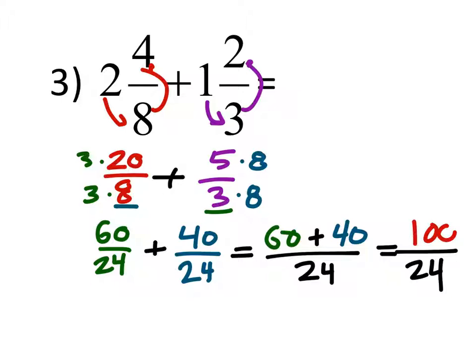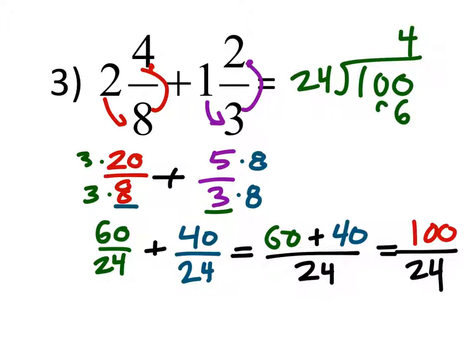So I'll add these. 60 plus 40, which is in 24ths, 100. So we could simplify here, we could simplify later. Let's say that we didn't notice and we changed it into a mixed number right now. That's okay. So I got 100 divided by 24. That'll do it 4 times. 96. So I got 4 remaining.